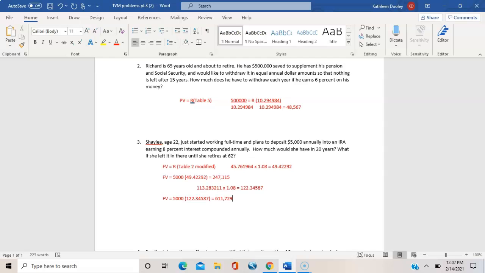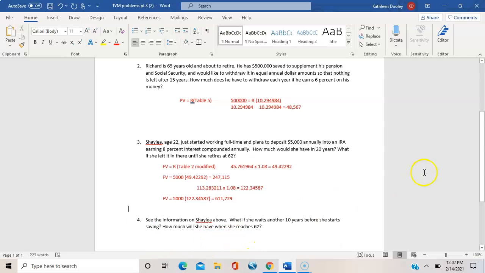Okay, so again, just like in problem 3, just that little bit of difference of letting it sit in there 10 more years, and she's way more than doubled her amount of money by waiting the extra 10 years. Again, I will post the answer for 40 years as soon as I get a chance.